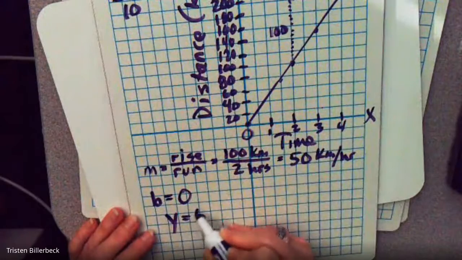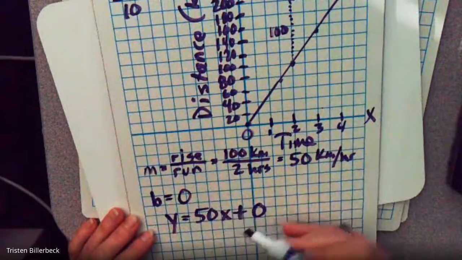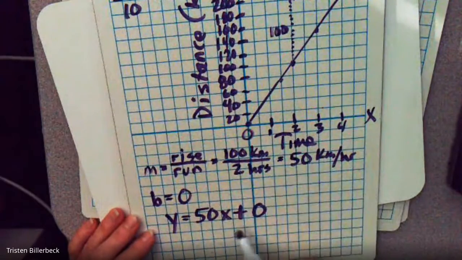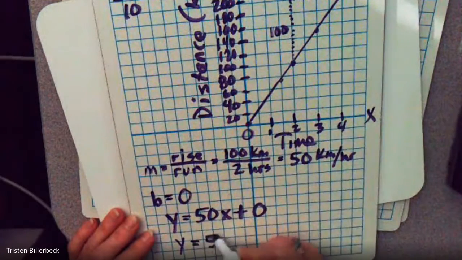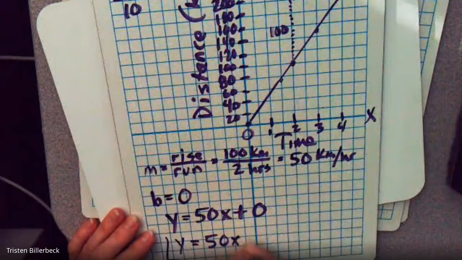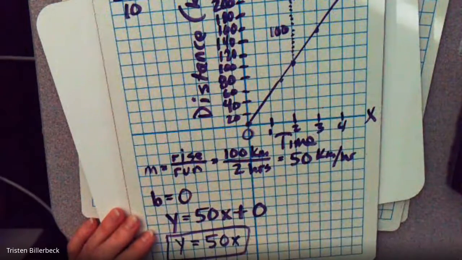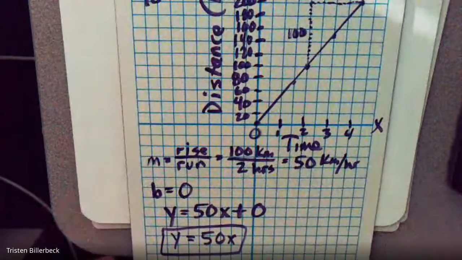So we're going to have 50x plus 0, because we don't have a y-intercept that has a value other than 0. So that means that we're not going to write that 0. We're just going to write y equals 50x, and that's a direct variation. And it's a linear equation without a y-intercept. All right, let's go on to the next problem.